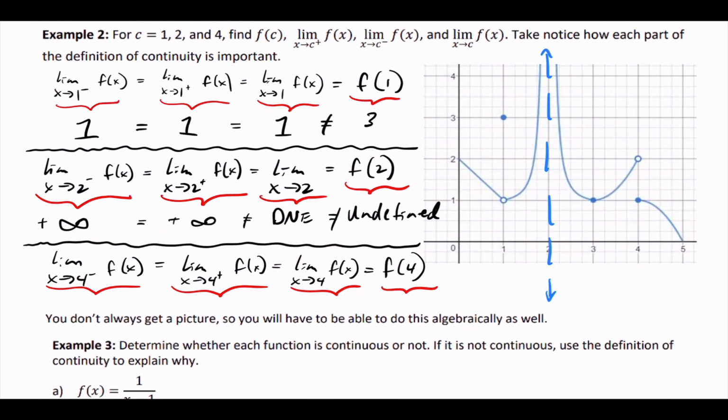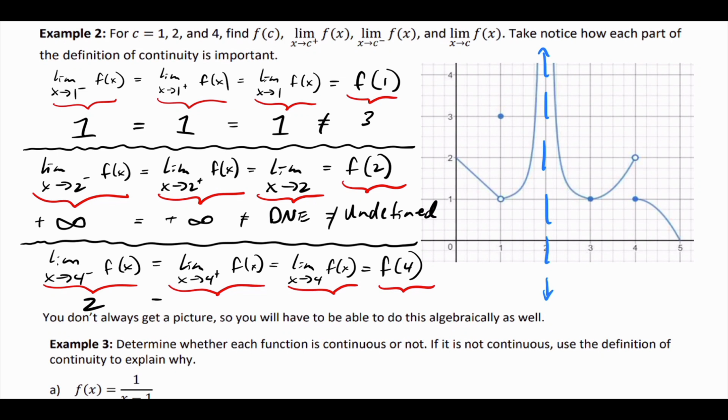Okay, so the limit as x approaches 4 from the left is 2. It's approaching y equals 2. The limit as x approaches 4 from the right, though, is not 2. It's positive 1.